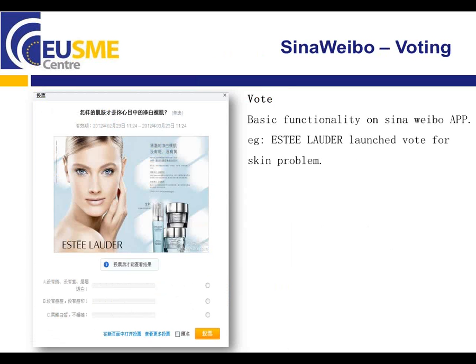Voting for certain products. Here, this is something that was organized by Estée Lauder. And basically, they were asking people to vote on their product development and share their comments. And that's also a very popular way to promote your brand.